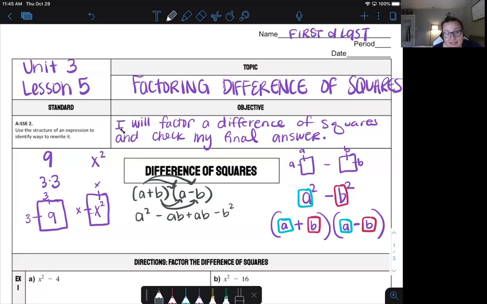Well, what happens to negative ab plus ab? These two terms are the same, except one's negative and one's positive. If you subtract something from itself, you cancel it out. So those middle terms cancel out. And we're left with a squared minus b squared, which is in fact what we started with. So we know our little formula is correct.